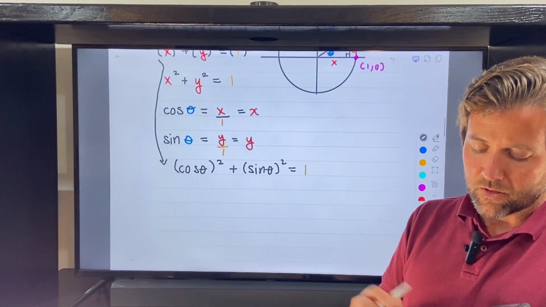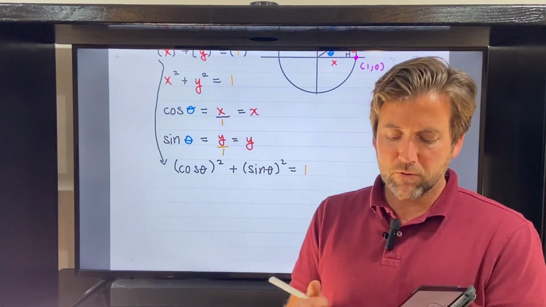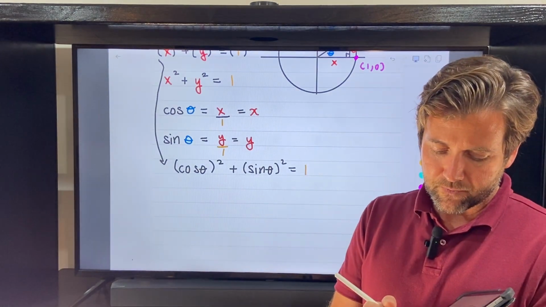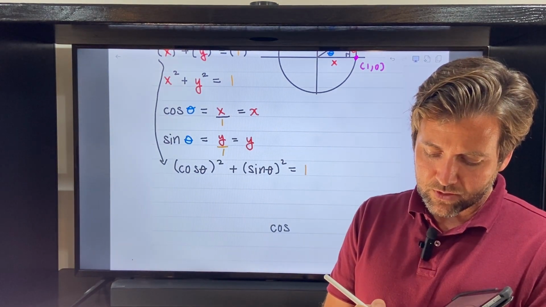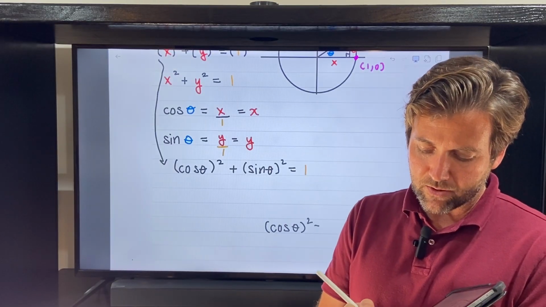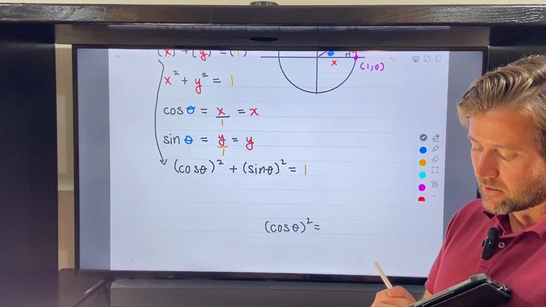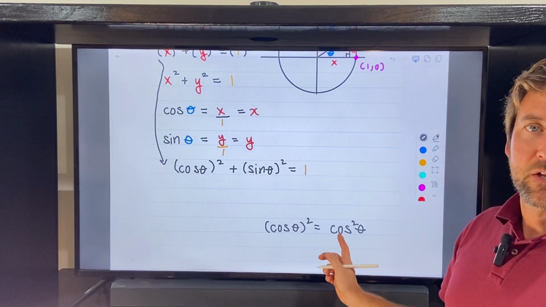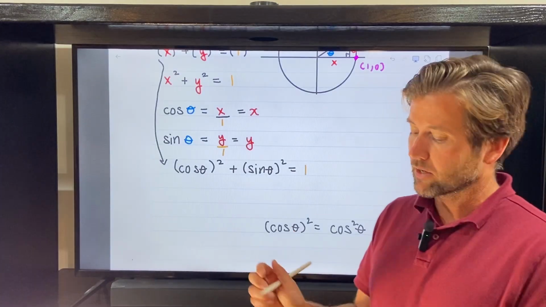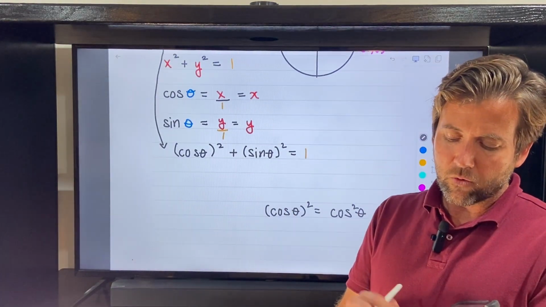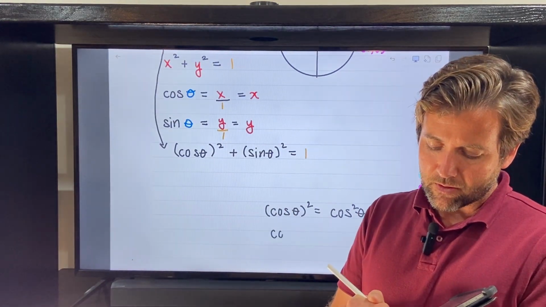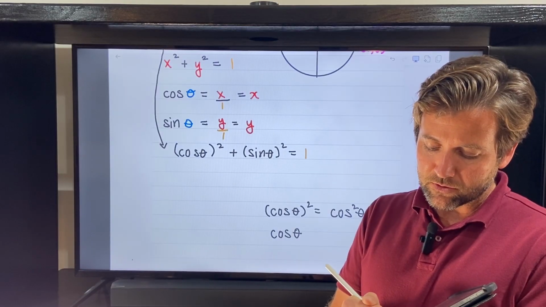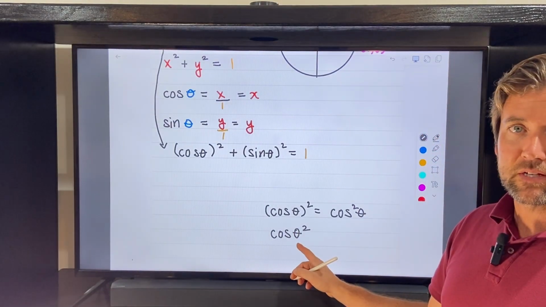Now, I'm going to rewrite this using different notation. For the record, cosine of theta squared, this notation here, is equal to cosine squared of theta. These are equivalent. They mean the exact same thing. They just look different. You want to be very careful that you use parentheses. See how I don't have parentheses around the cosine theta here?